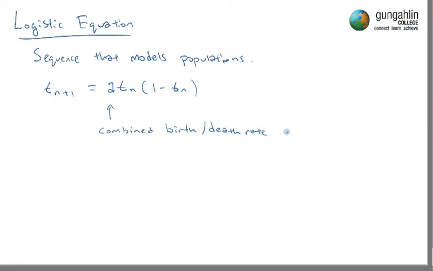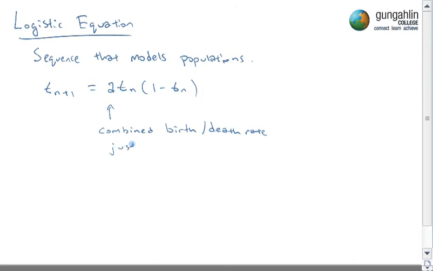The smaller it is, the more likely it is to die out. It's just a number. So basically, we have some model to tell us the way the population is going to change, and that model will have a particular value of a. So it's just a number.